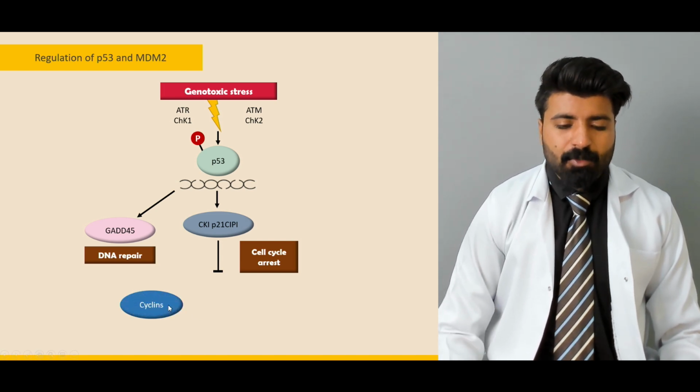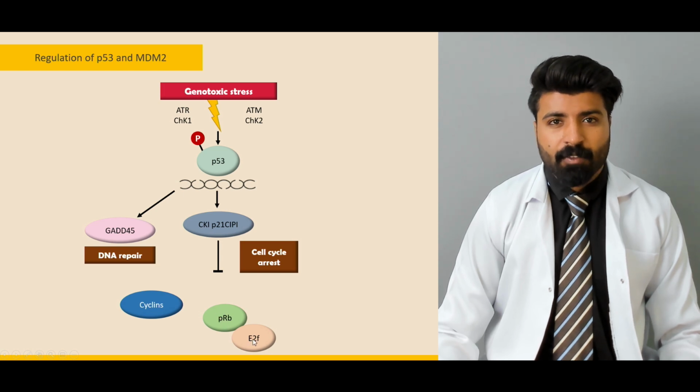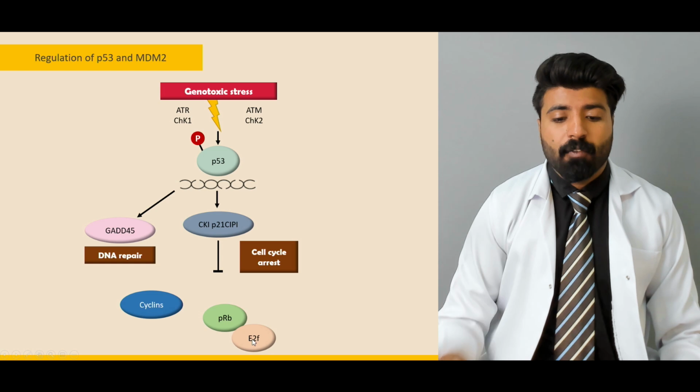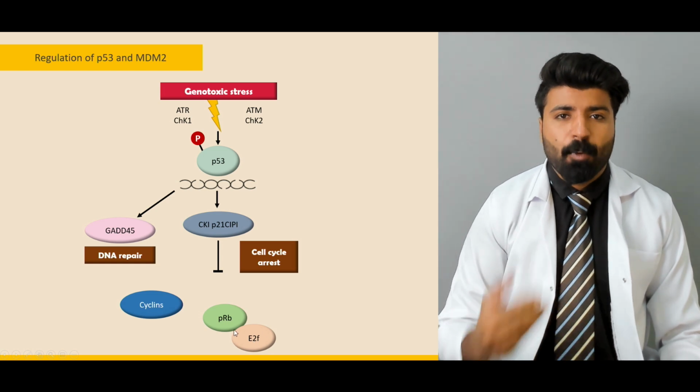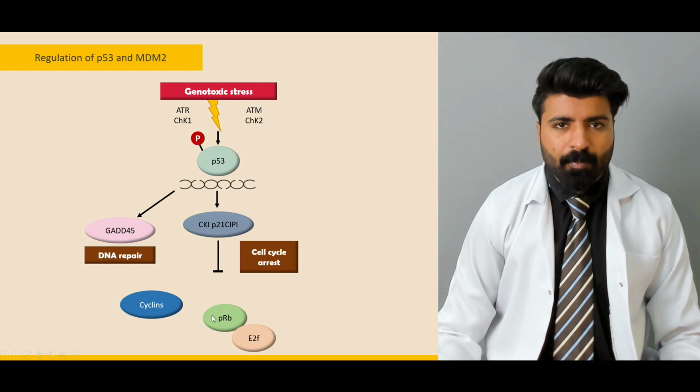Now the cyclins come into play, and we have these two things, retinoblastoma, which is phosphorylated, and E2F. We talked about how whenever they're attached, it means retinoblastoma is hypophosphorylated. Now cyclins will come into play.